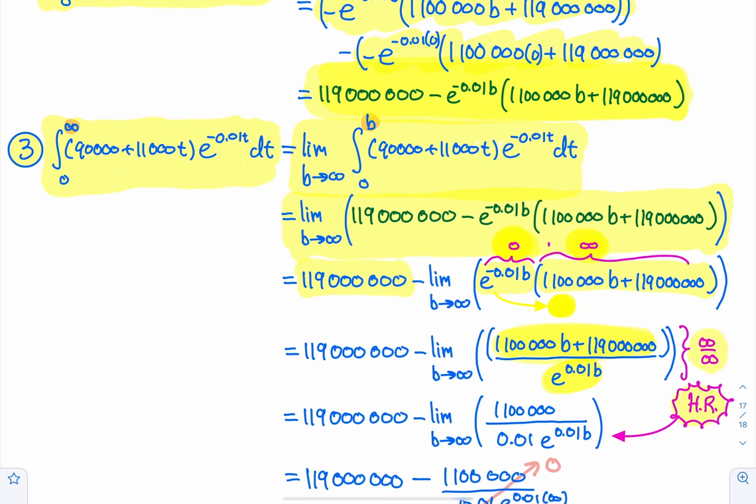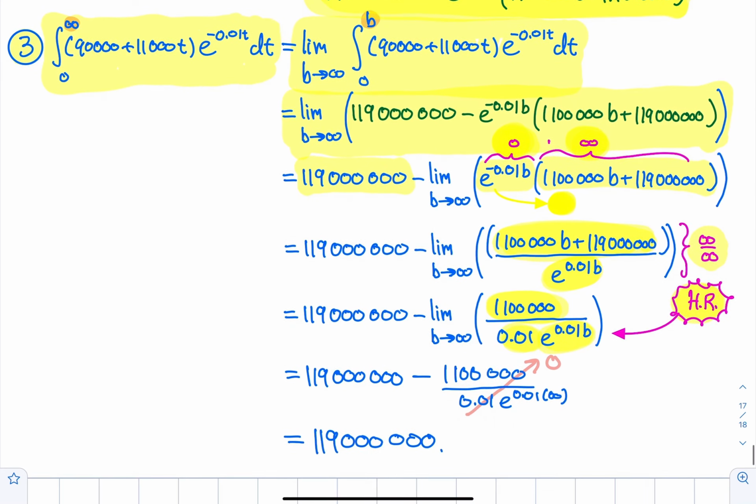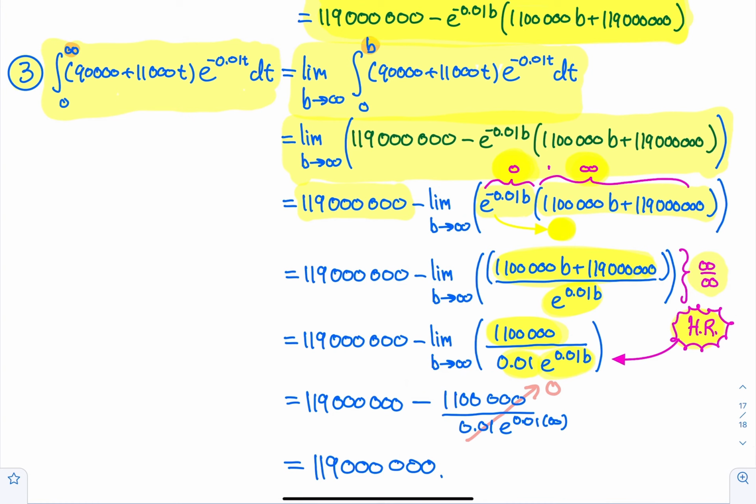If you differentiate above, you're going to get 1,100,000. That's it. Over, for the denominator, you need a small chain rule: e to the 0.01 b. If you compute its derivative, you're going to get 0.01 times e to the power of 0.01 b. Now when you plug b by infinity again, you're going to get a number over infinity.